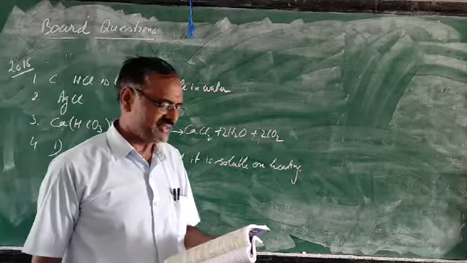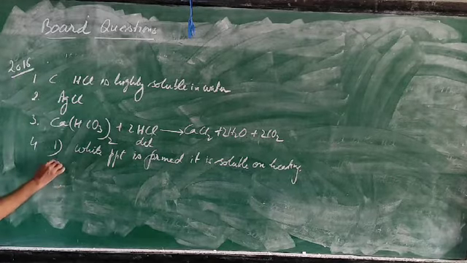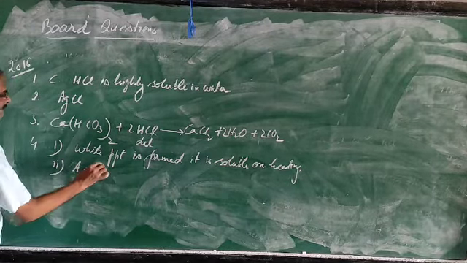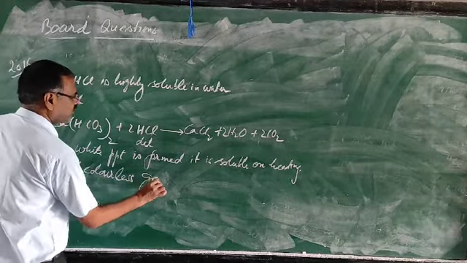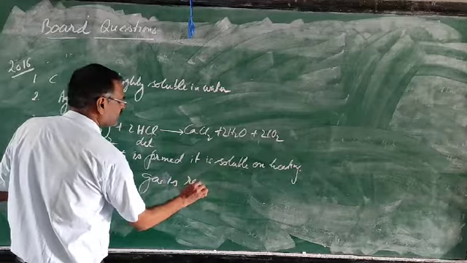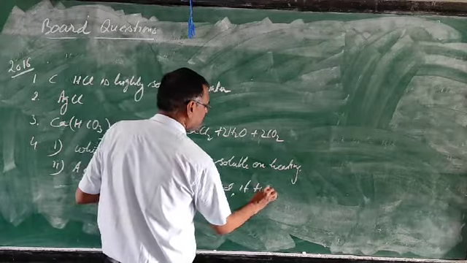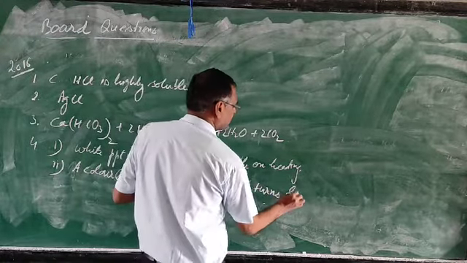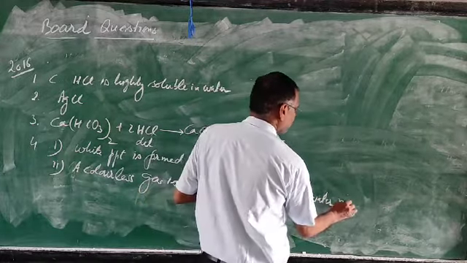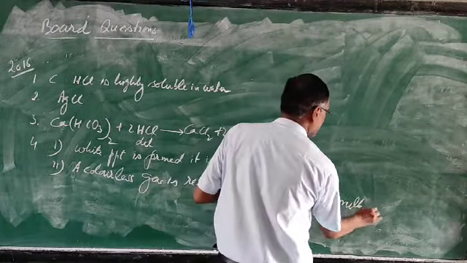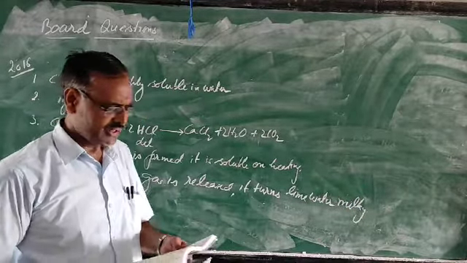A colorless gas is released which turns lime water milky.